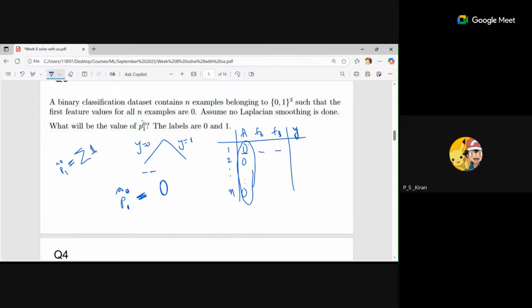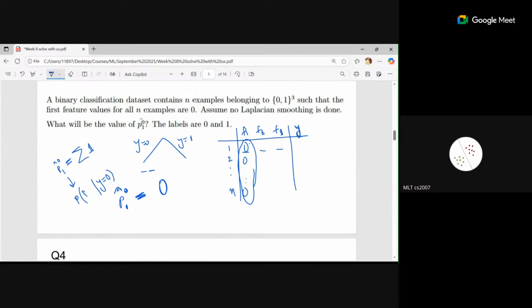So it is asking something like the probability of F1 is equal to 1 given y is equal to 0. What is the probability that given y is equal to 0, my feature f1 is 1?